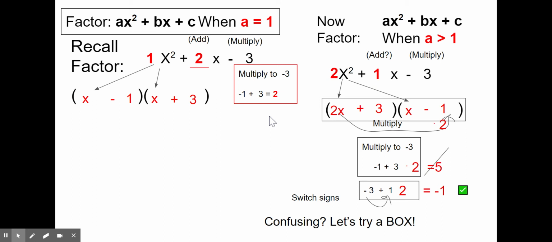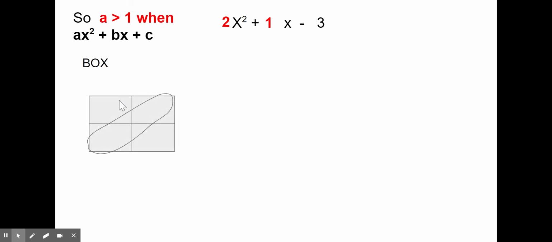That's kind of confusing. The box makes everything simpler. Just as the box made FOIL simpler, the box is going to make factoring simpler, especially when we have a lead coefficient that's greater than 1. So let's try it. Here's my box.